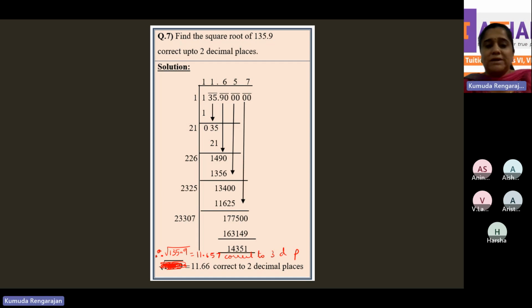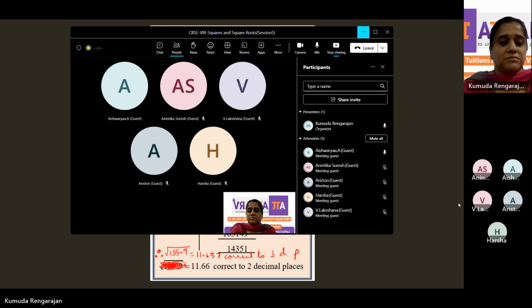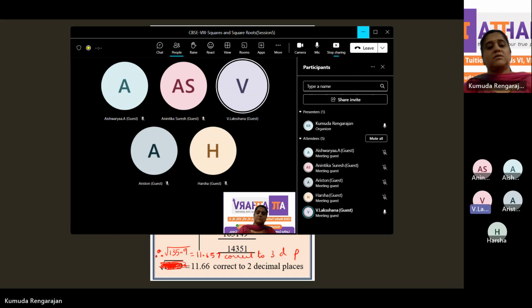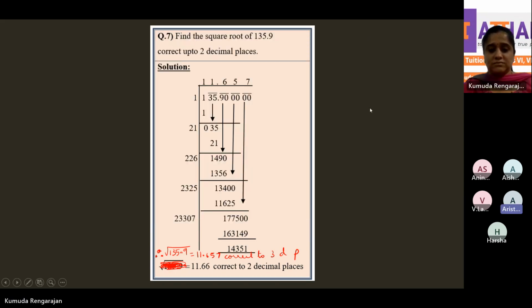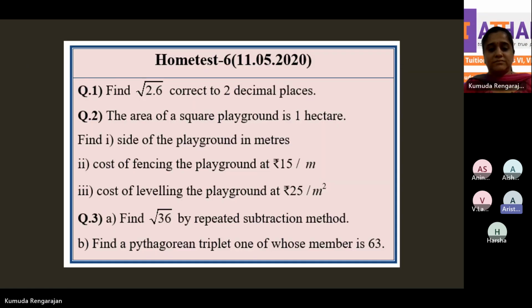Aishwarya, able to complete it? Yes, ma'am, I completed it. Okay. Ariston, Harsha, and Lakshana? Yes, ma'am. Done, Lakshana? Yes, ma'am. Ariston? Done, ma'am. All right.